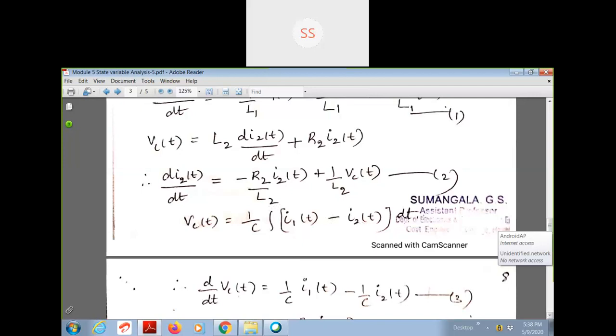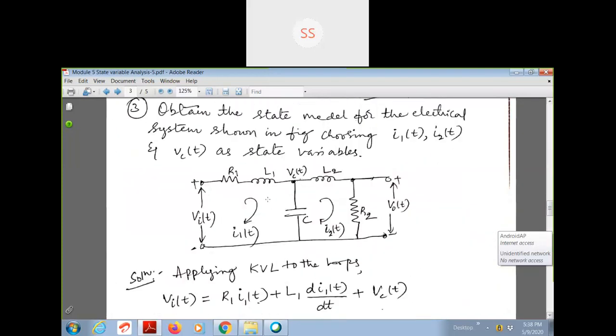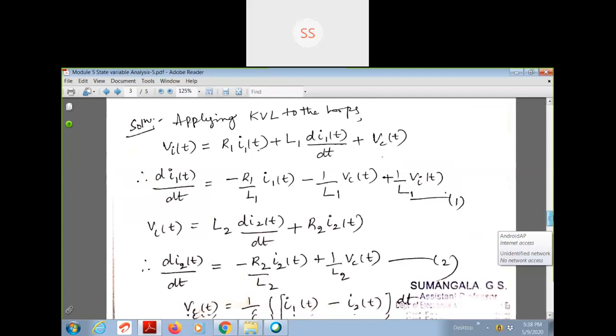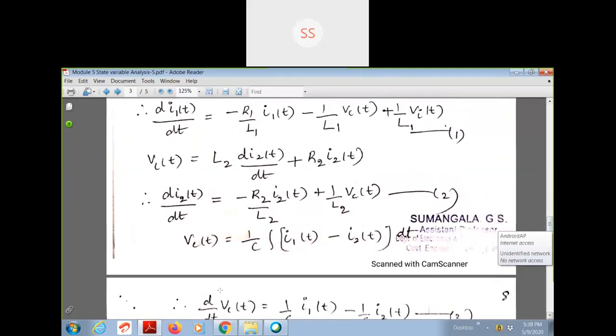Whatever voltage we measure at that node Vc is 1 by c into I1 minus I2, because of the given circuit. At this node, I1 flows in this direction and I2 flows in the reverse direction, so 1 by c into I1 minus I2 is nothing but the voltage available at this node. So Vc of t equal to 1 by c integral of I1 of t minus I2 of t into dt.